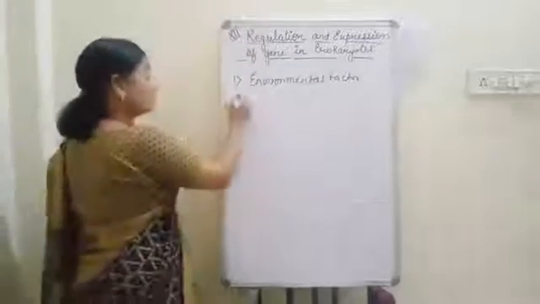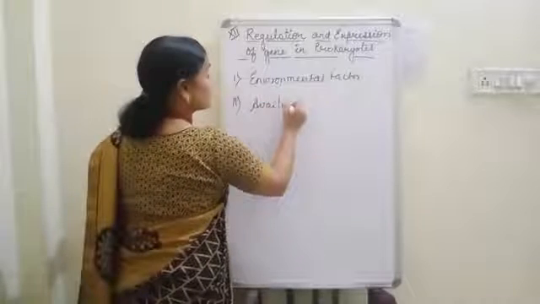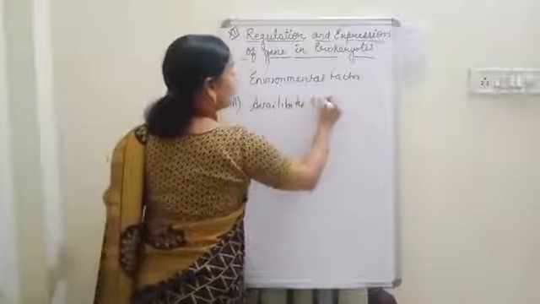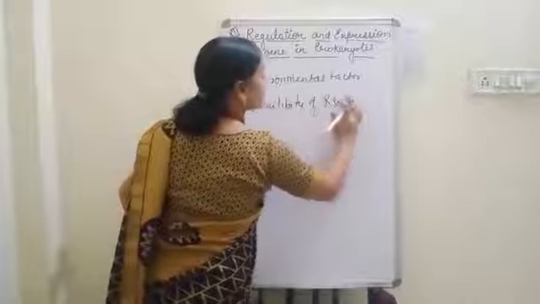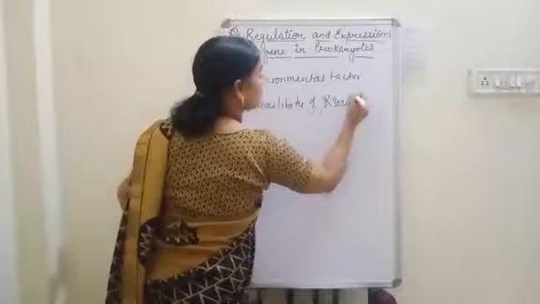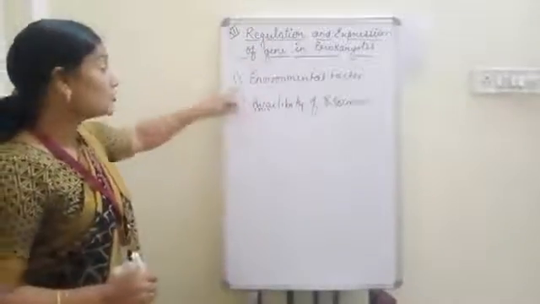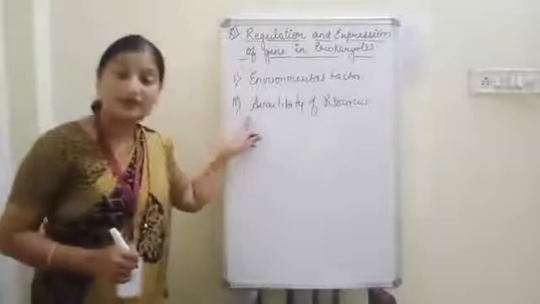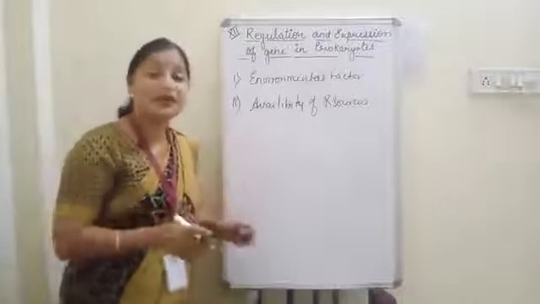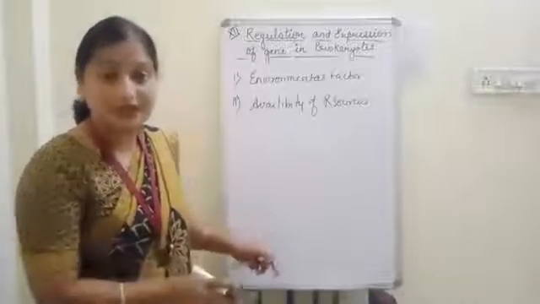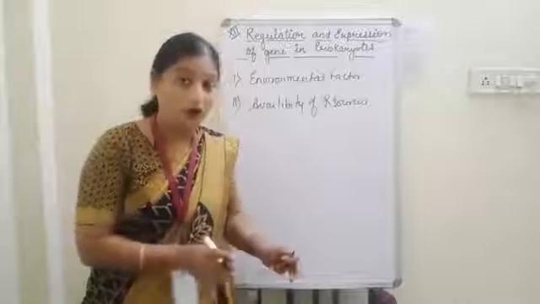After that, one more point, and it is availability of resources. So these two are the important factors in prokaryotes which can regulate the expression of the gene, whether the gene is expressing itself properly or not.